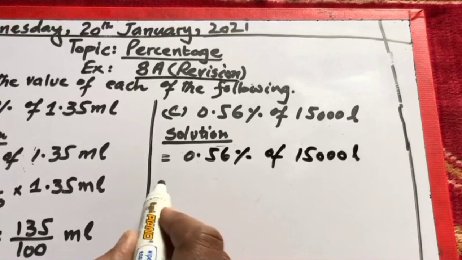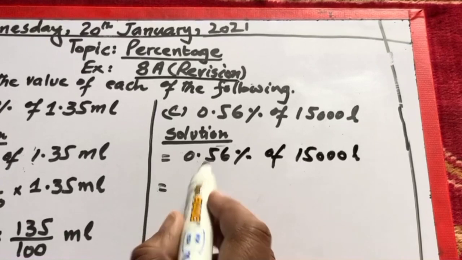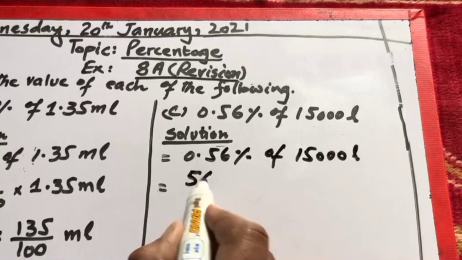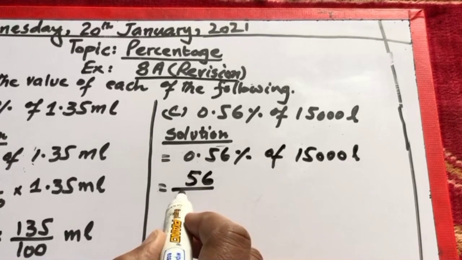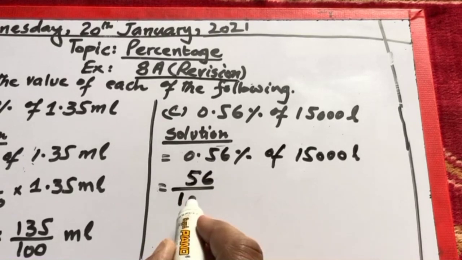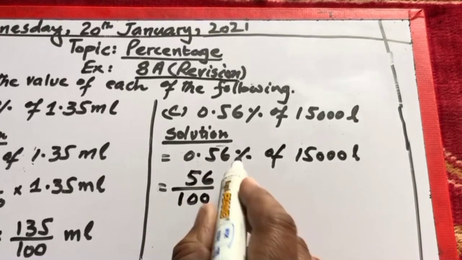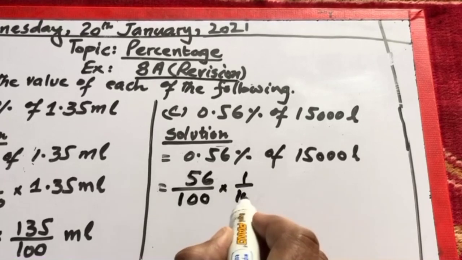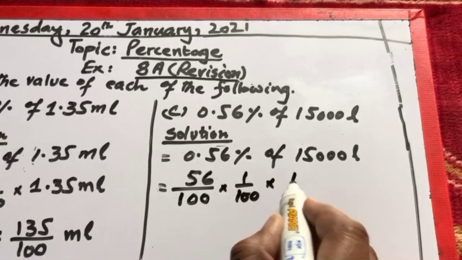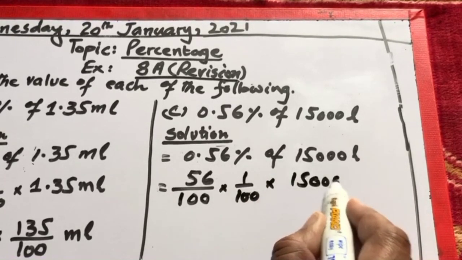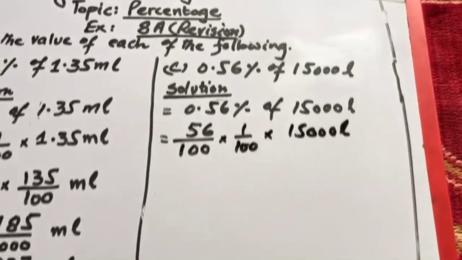So first of all, we will convert the decimal number into fractional form. So it becomes 56 over, the point we replace by 1, and after the point there are 2 digits, so we'll write 2 zeros. Percent means 1 over 100. Of means multiply, and we will multiply by 15,000 liters.